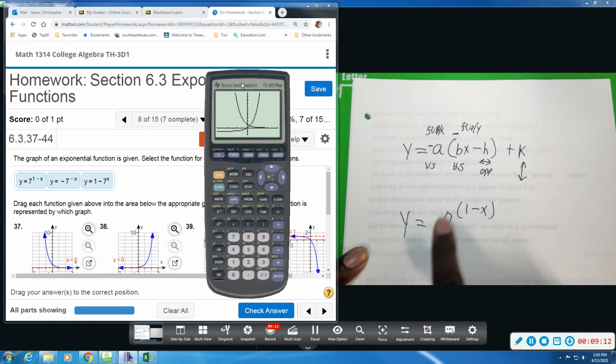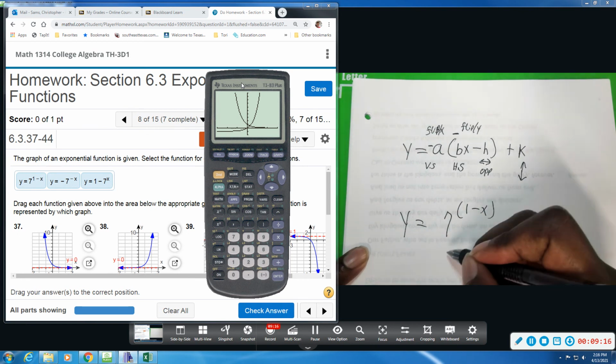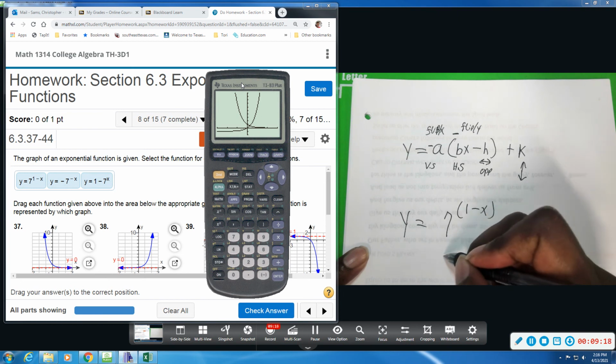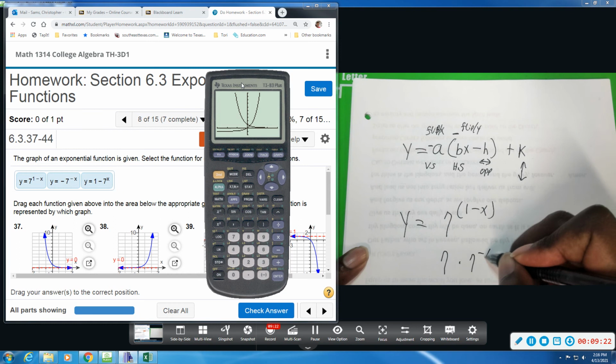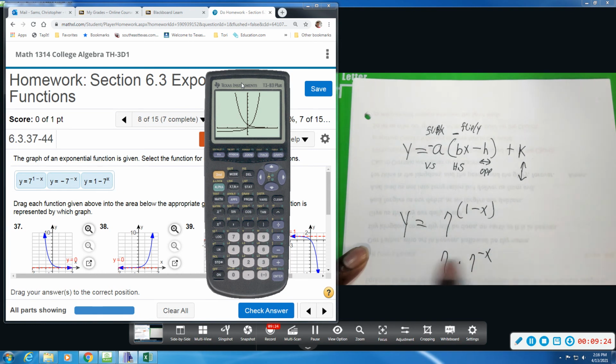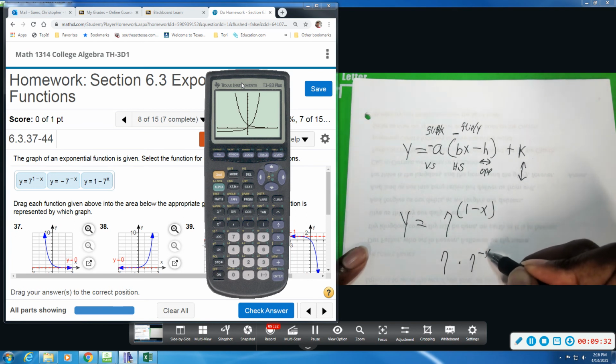If we distribute this, by properties of exponents, this is like 7 times 7 to the negative x, because you just add exponents. So we have these two being multiplied. This negative x, if you think about a negative exponent, will move this down. So this will have 7, and then 1 over 7 raised to the x.